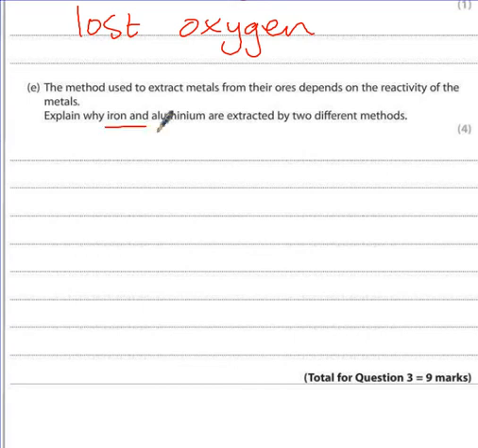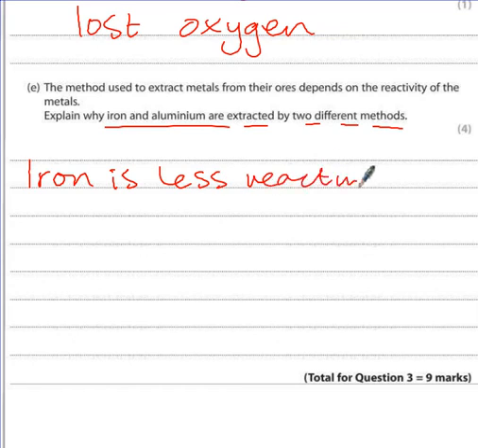So iron and aluminium are extracted by 2 different methods. First of all, iron is less reactive than aluminium. 1 mark there. We're looking for 4 marks though. Iron is less reactive than aluminium.